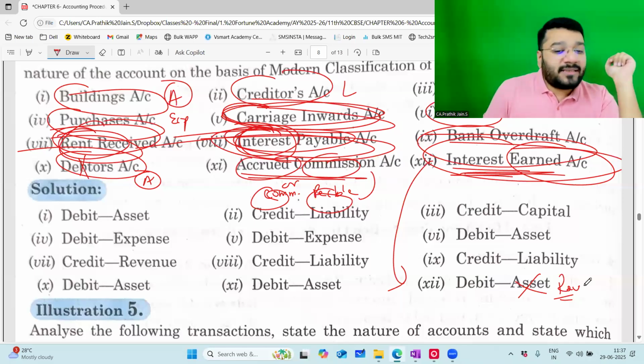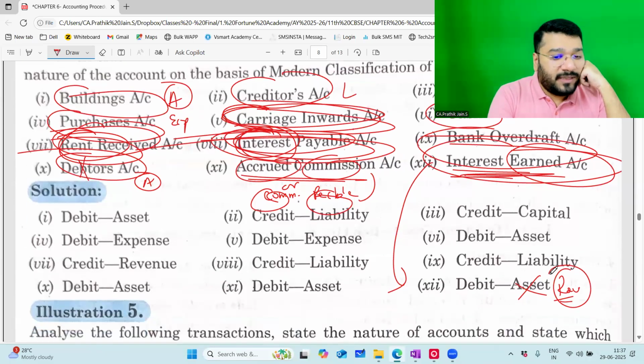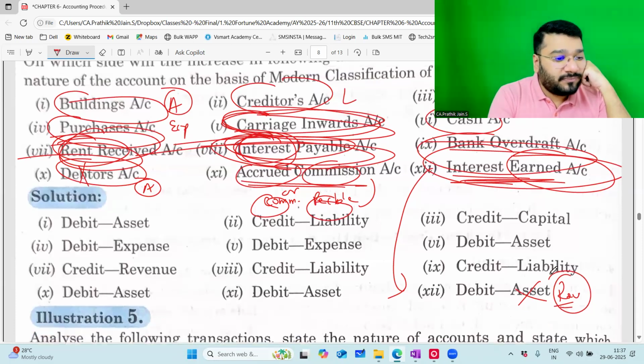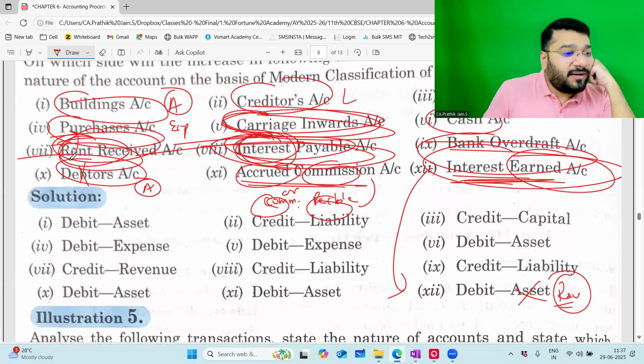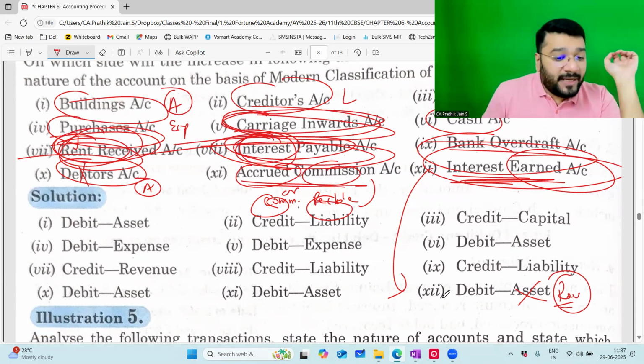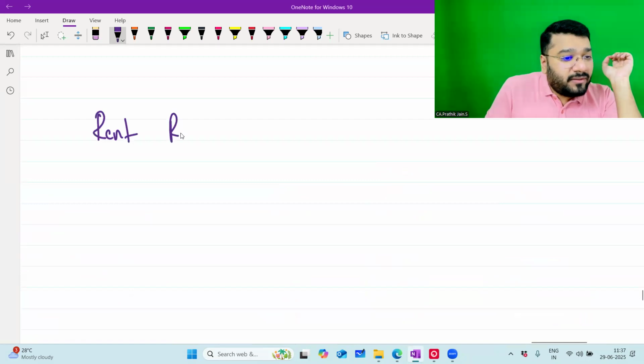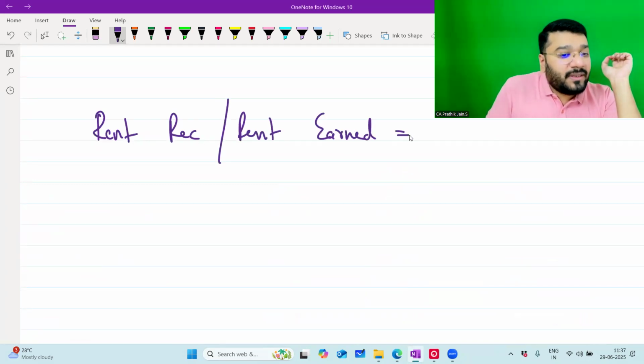Interest earned is not an asset. This is revenue. Any problem? Is the rest all matching? Yes. Rent received, rent earned. Please make a note. Rent received or rent earned is revenue.